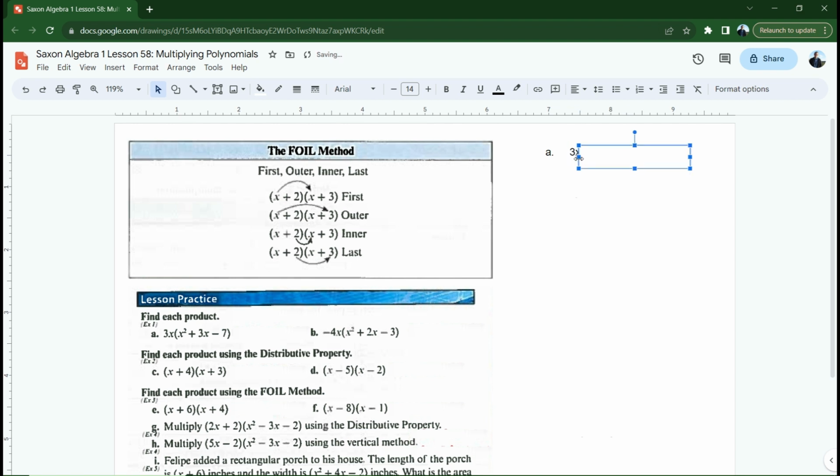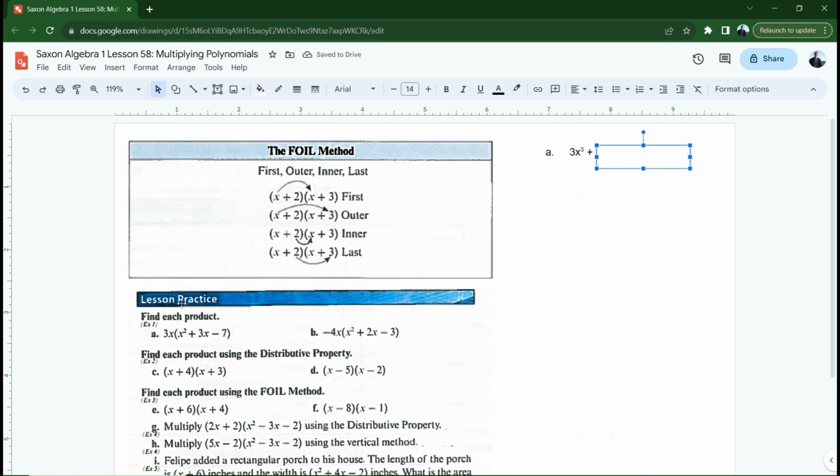The first thing we're going to be doing is 3x times x squared. So I multiplied the number outside the parentheses by the first term. 3x times x squared is 3x cubed. First of all, I need to make sure that I bring across the plus sign in between.